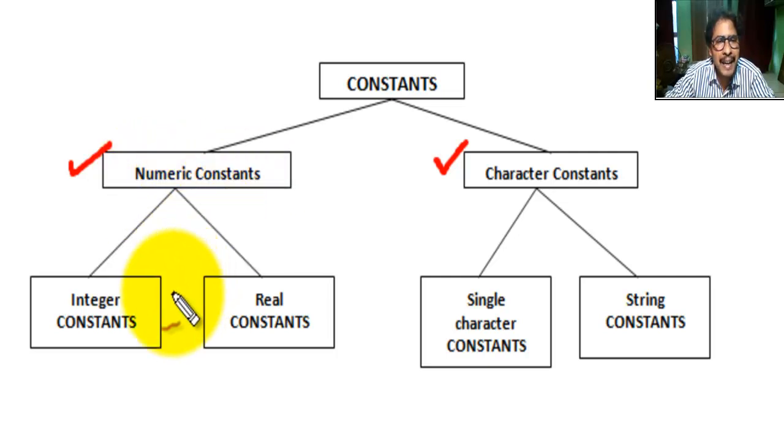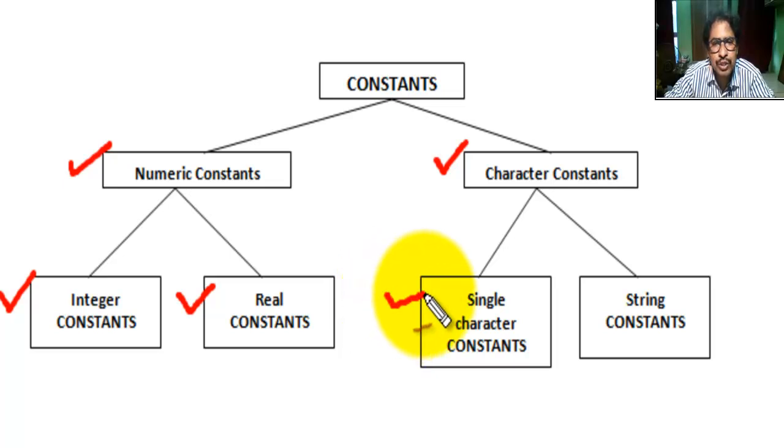Numeric constant is again divided into two groups, integer constant and real constant. Character constant is divided into two groups, single character constant and string constant. Okay.